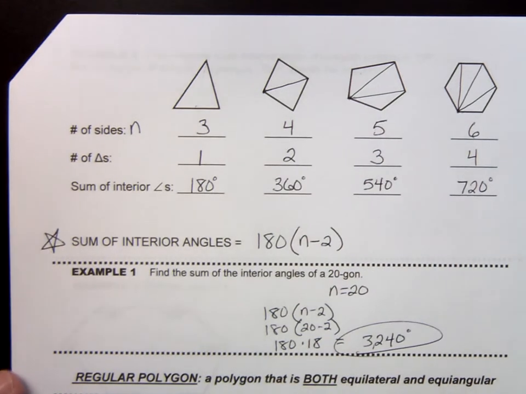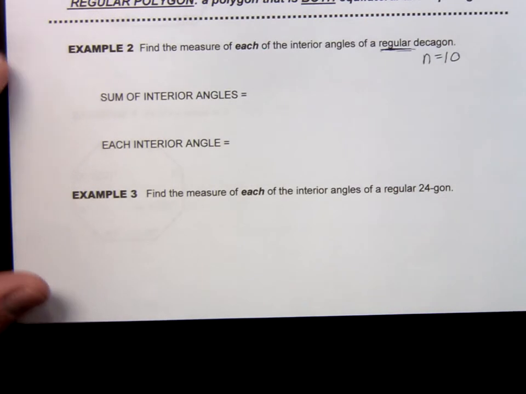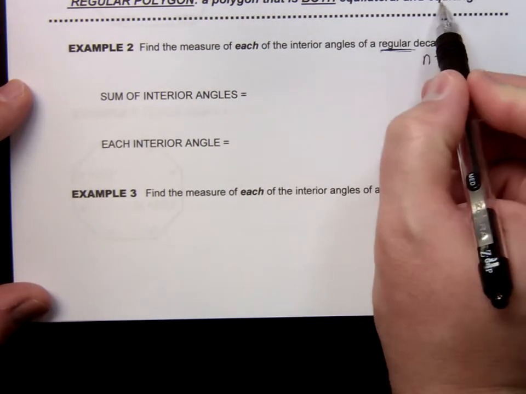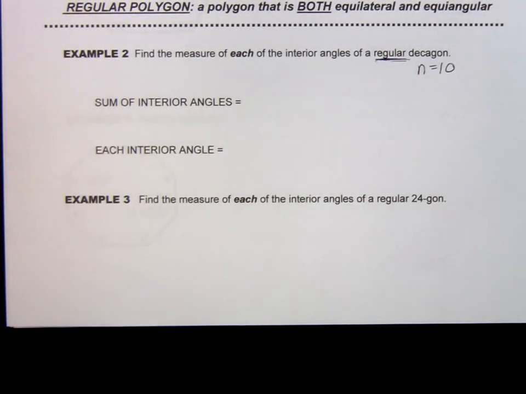However many sides you have, the same number of interior angles. So if a decagon has 10 sides, it also has 10 angles. And because it's regular, we know all those angles are congruent. So if I can find out what these angles are adding up to, then I can just divide by 10. If there are 10 congruent angles adding up to something, I can just divide that number by 10 and find out what each individual angle is.